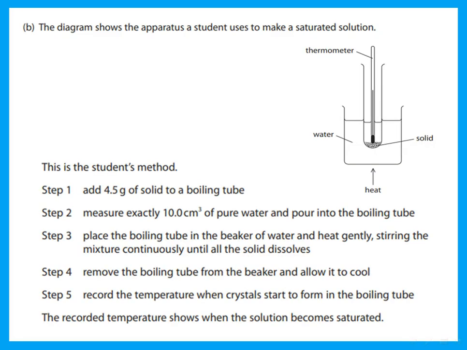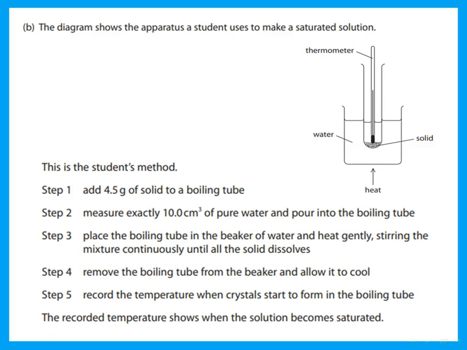Then the next question says the diagram shows the apparatus a student uses to make a saturated solution. So this is the student's method. He adds 4.5 grams of solid to a boiling tube. He measures exactly 10.0 cm³ of pure water and pours it into the boiling tube. So now in the tube you have solid and water.